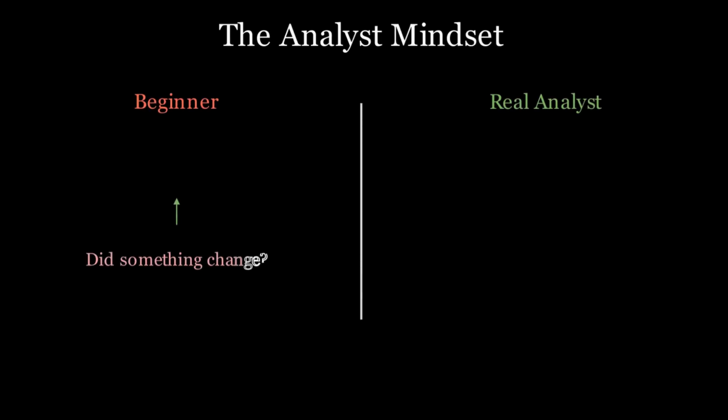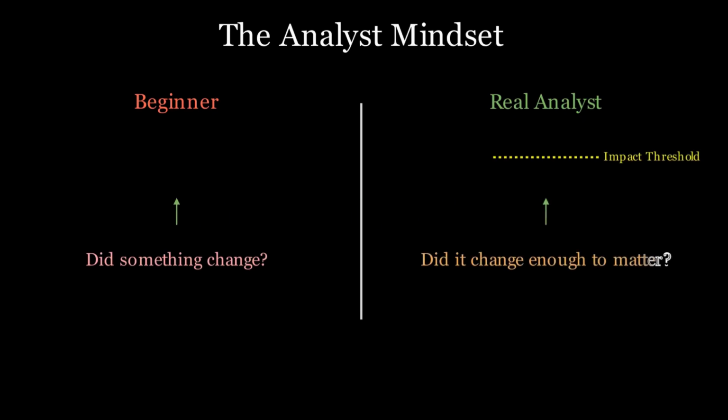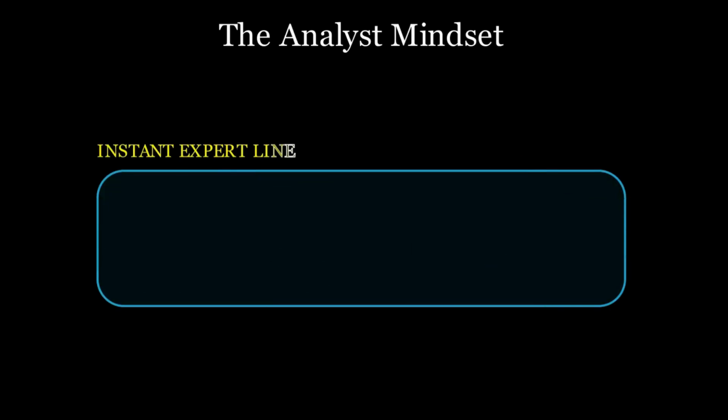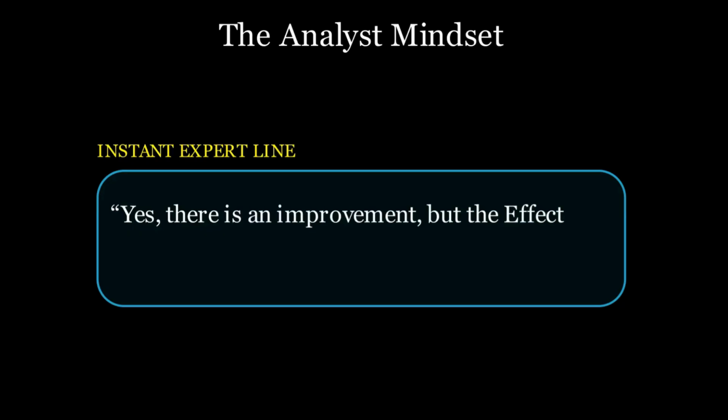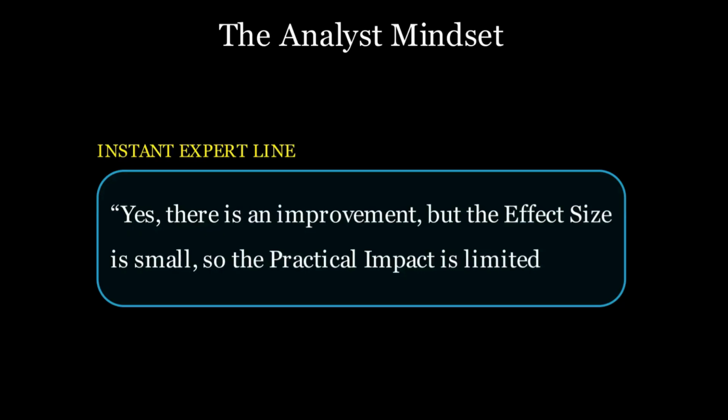Here's the mindset shift that separates beginners from real analysts. Beginners ask, did something change? Real analysts ask, did it change enough to matter? And here's a line you can actually use: yes, there is an improvement, but the effect size is small, so the practical impact is limited. That one sentence instantly shows you understand data deeply.